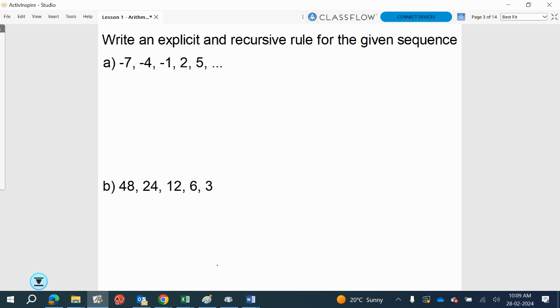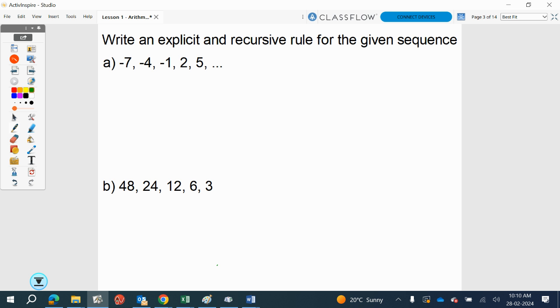All right, let's have a look at these ones. So the first one, is it arithmetic or geometric? Who did this? Who did both? Put your hand up. Do the first. Is it arithmetic or geometric? Arithmetic. What's the common difference?